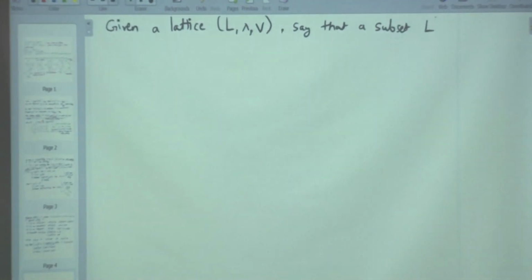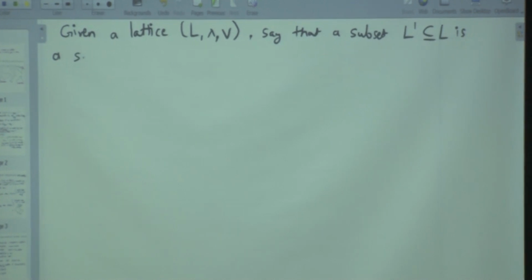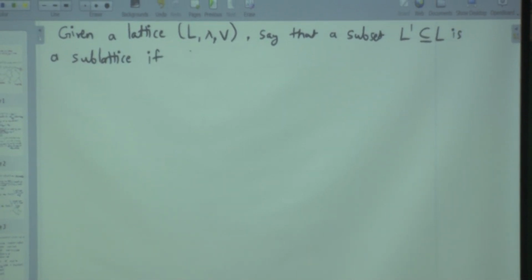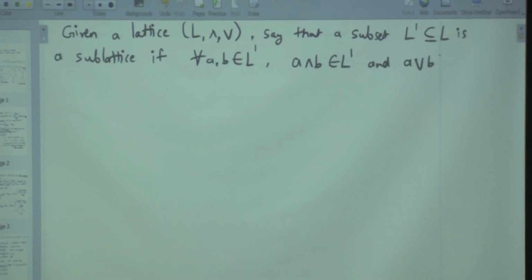Given a lattice L meet join, say that a subset L prime of L is a sublattice if for all A and B in L prime, A meet B belongs to L prime and A join B belongs to L prime.